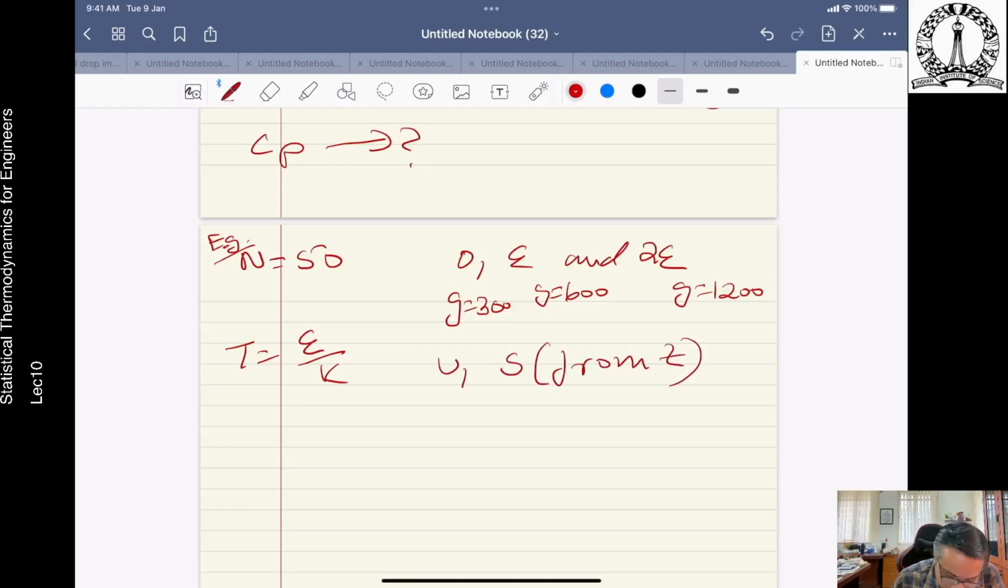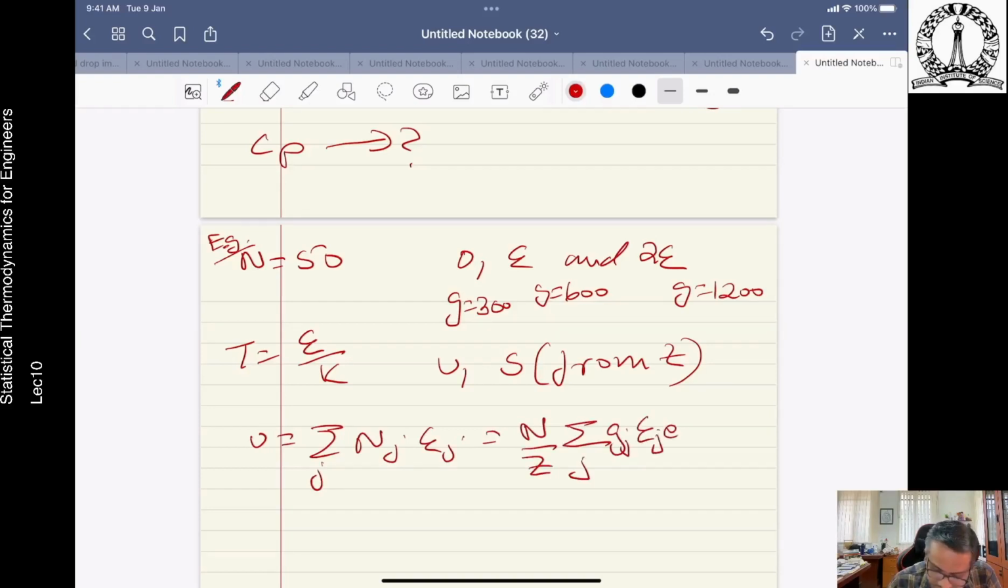So solution: U is summation of Nj Ej, sum over n. So this is given as n over z, summation over j, gj ej exponential minus ej by kt.